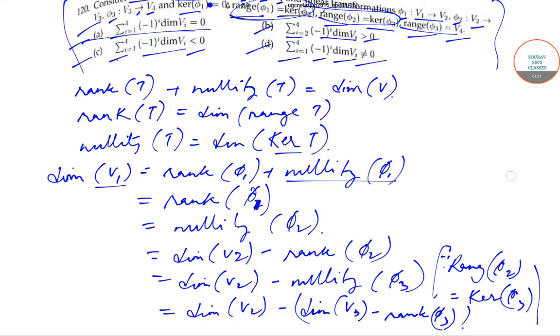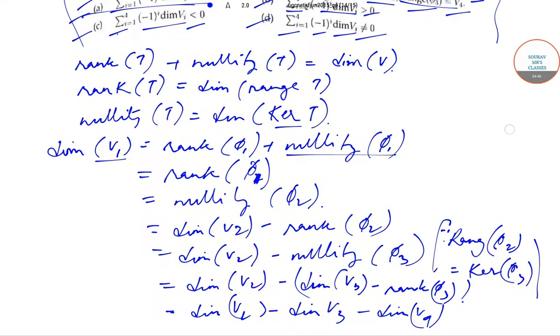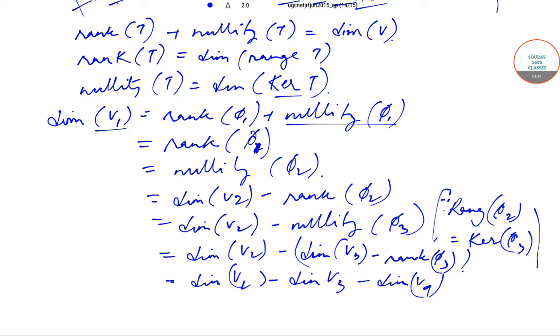We can write nullity like this. So now this comes down to dimension of v2 minus dimension of v3 minus dimension of v4. Basically we use the last relationship, which is range of phi2 is equal to kernel of phi3.